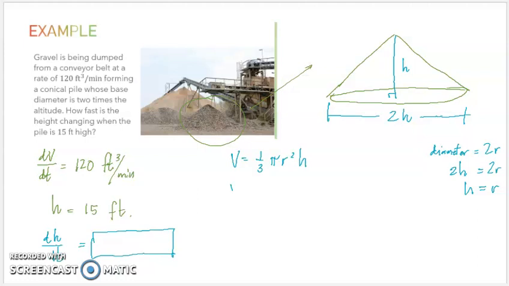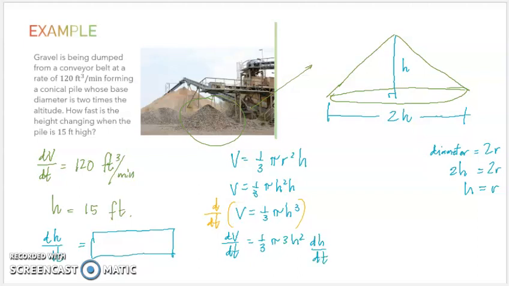So we have the volume is 1/3 pi h squared h. Or we have the volume is 1/3 pi h cubed. And this is what we are going to differentiate with respect to time. So we have dV/dt is equal to 1/3 pi, and that's 3h squared, derivative of h with respect to time.